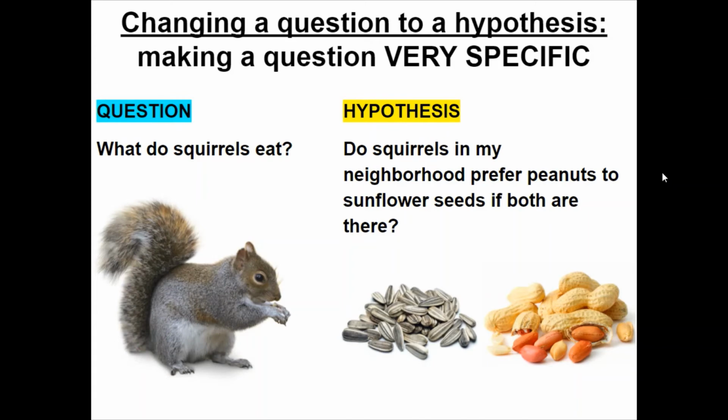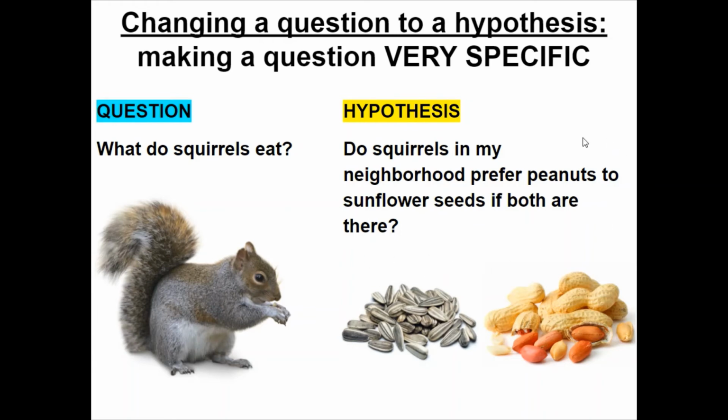If you have just a regular question and you want to change that to a hypothesis, you have to make the question very specific, very focused in. So for example, if a question that you want to ask is, what do squirrels eat? A hypothesis that you can make would be, do squirrels in my neighborhood prefer peanuts to sunflower seeds if both are there?